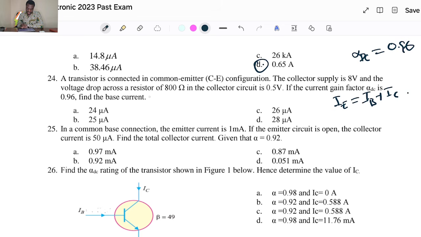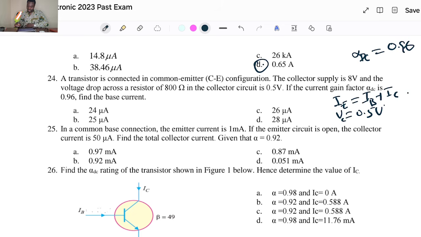We are told there's a drop of 0.5 volts, so the voltage across the load resistor is 0.5. So I can write VC is going to equal 0.5 volts.